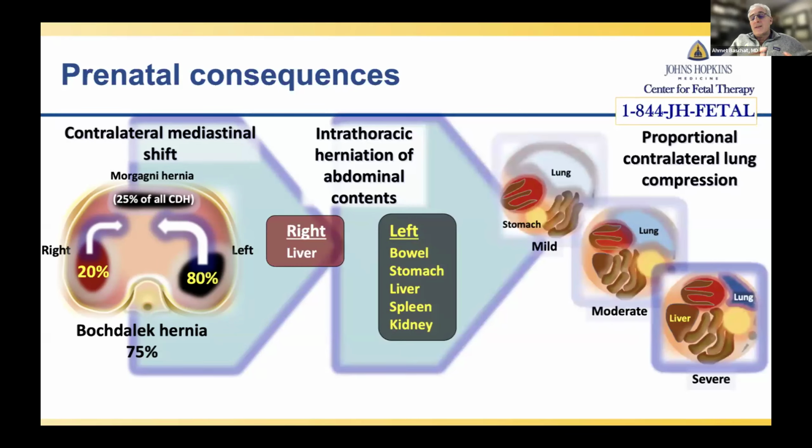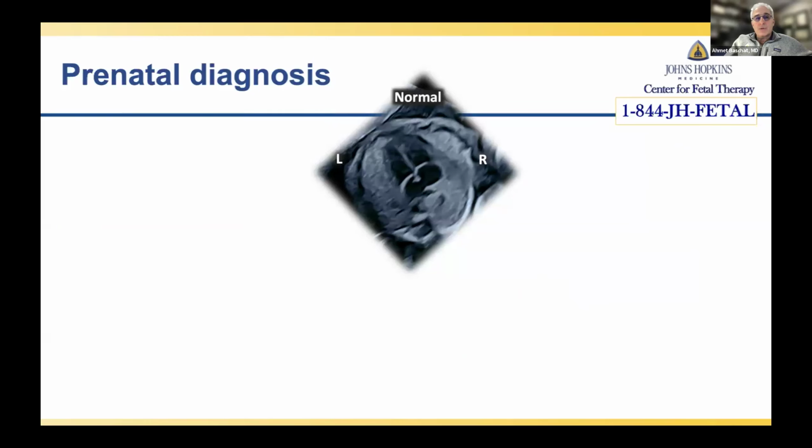What that does is it produces a proportional degree of contralateral lung compression. So the more there is in the chest, the less space there is for the lungs, and that is the single biggest contributor to remodeling how the fetus's lung matures.